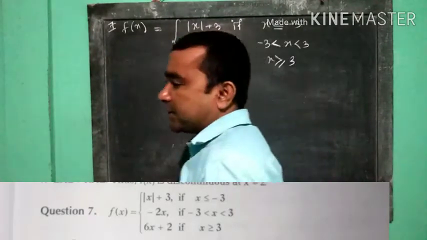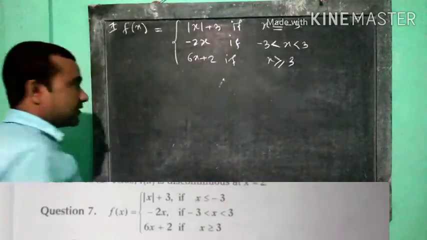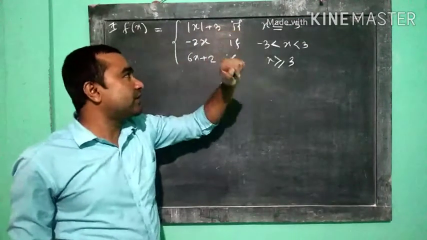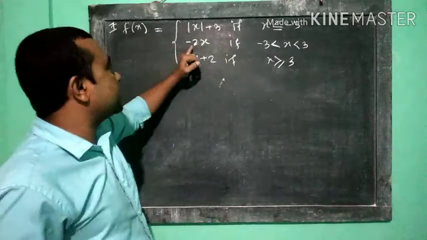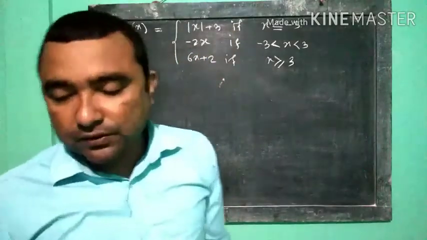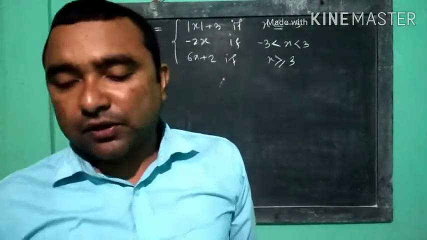There are three conditions. First of all, see here, it is an absolute function, that means a modulus function, and the remaining two are polynomial functions. So we are going to check whether it is continuous or not.